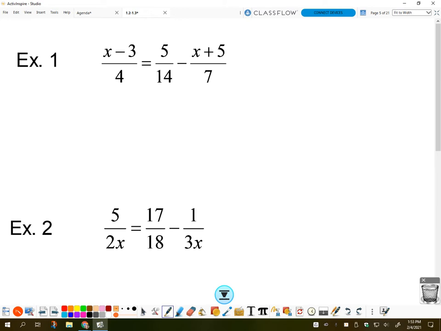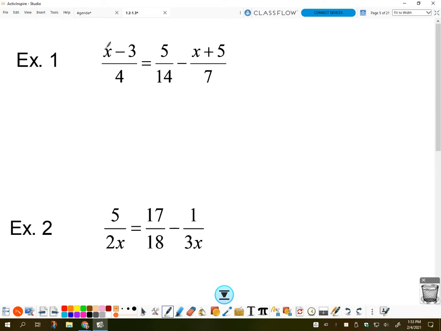It's just a linear function, but anyway, we are still going to get rid of the fraction. So we don't have to find excluded values because there's no variables in the denominator. Alright, so your denominators are 4, 14, and 7. I believe that all of those numbers can be turned into 28. So your common denominator is 28.